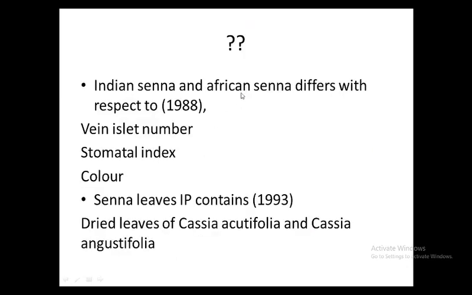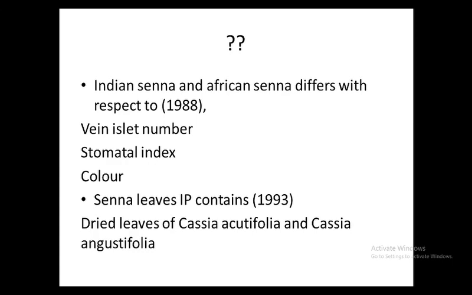These are the questions which have appeared in GPAT. The first question: Indian Senna and African Senna differ with respect to what? The question appeared in GPAT 1988. The correct answer: Indian Senna and African Senna differ with respect to parameters like vein islet number, stomatal index and color.